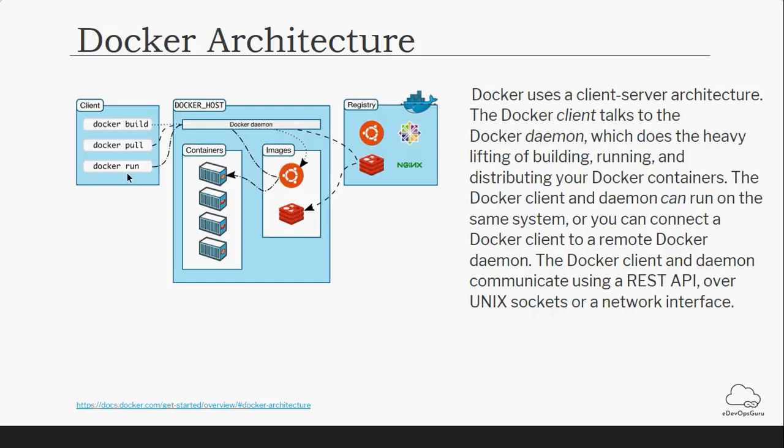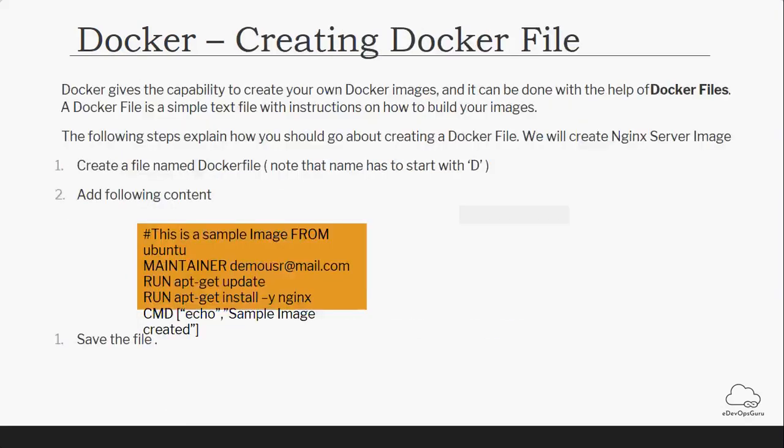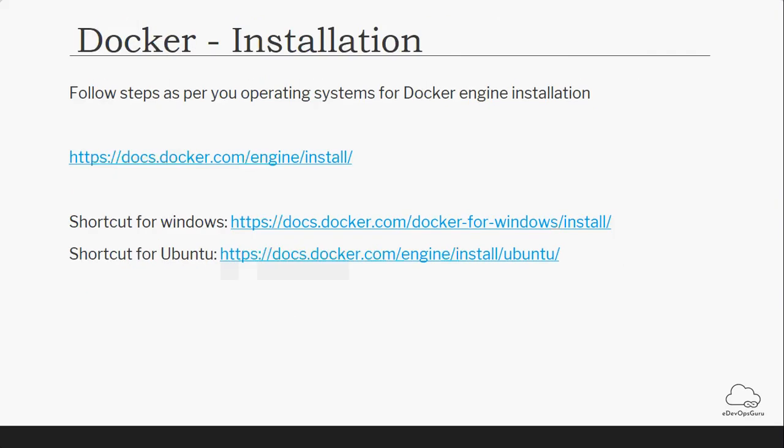And when we run docker run, it will generate a container using this Docker image. We will see later how exactly it happens. But before that, let's see if I have that picture.